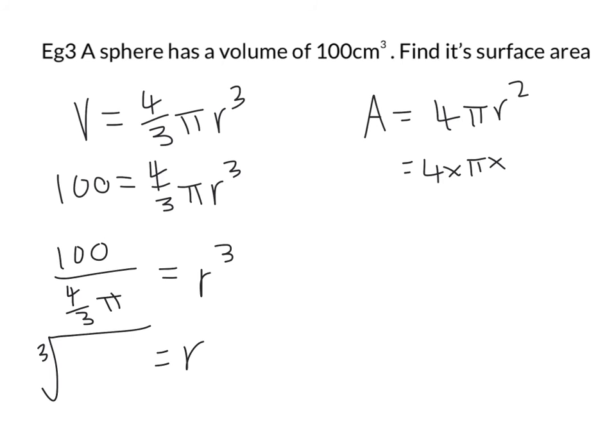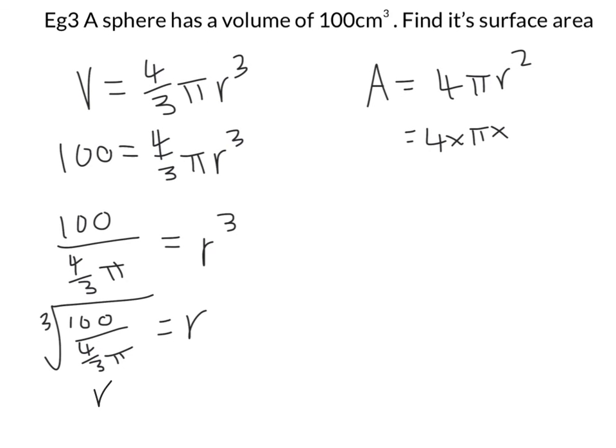You have to hit shift and the square root button to get the cube root button, and that's 100 over 4/3 pi. That gives 2.88. And that would be centimeters.